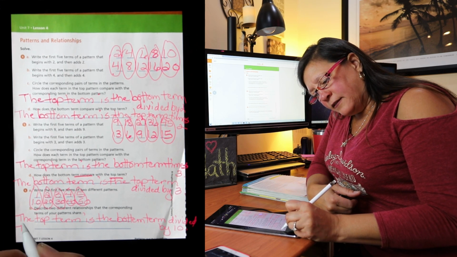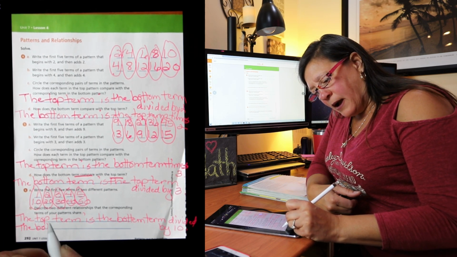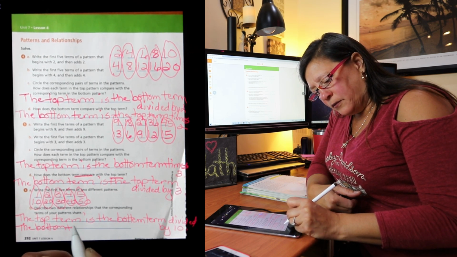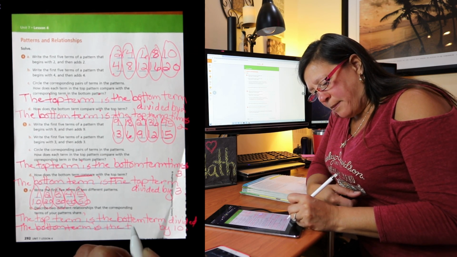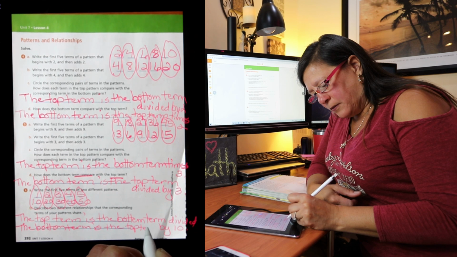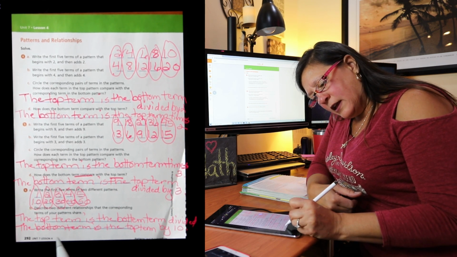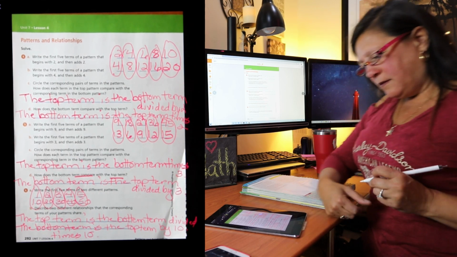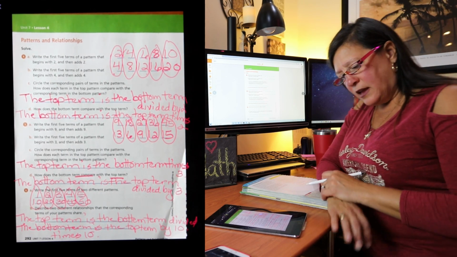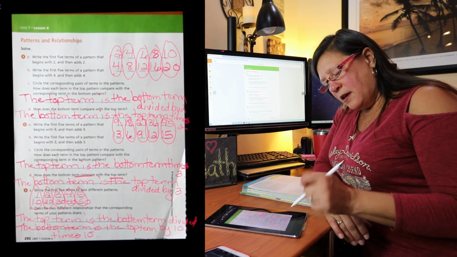And the opposite, the bottom term is the top term, and we go to underneath here, times 10. Okay, looking at patterns and relationships.